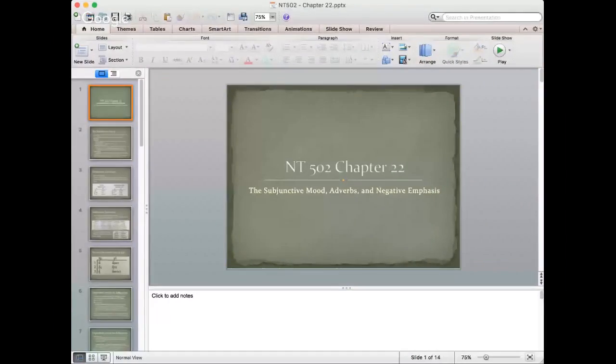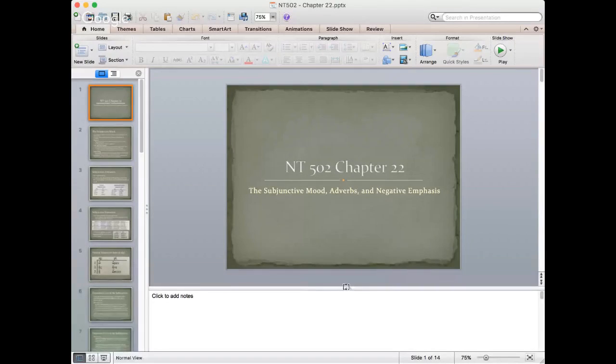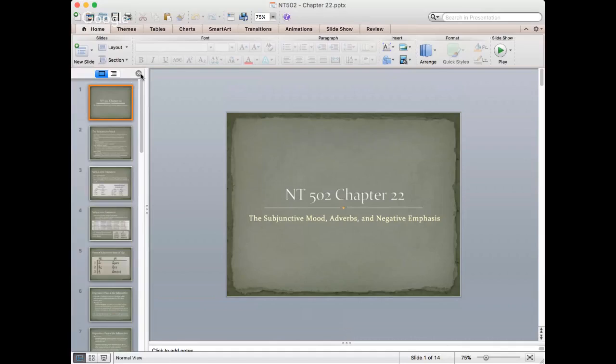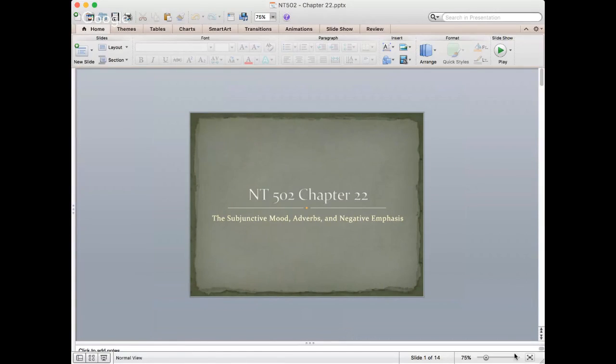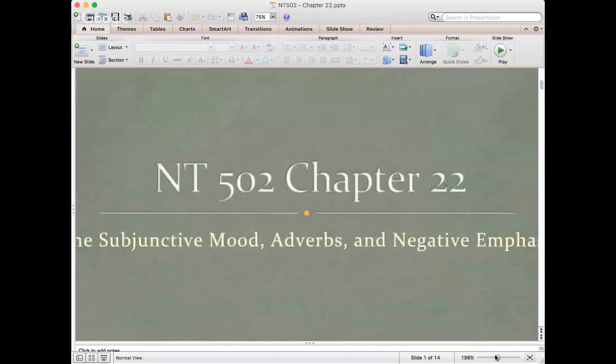Let me do a screen share. Oops, wrong one. Let's do this. Can you see that? Yes, I can. Okay, let me zoom this up. So close that, and so we can maximize some of the space.